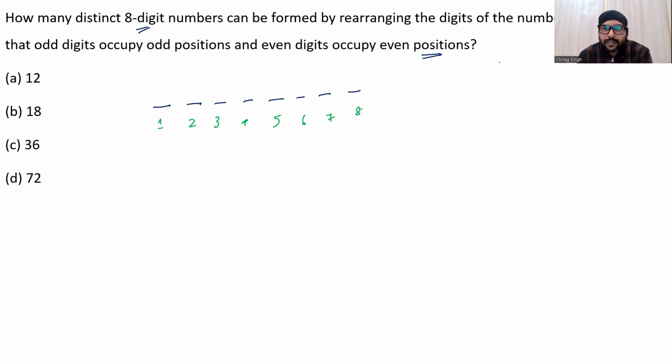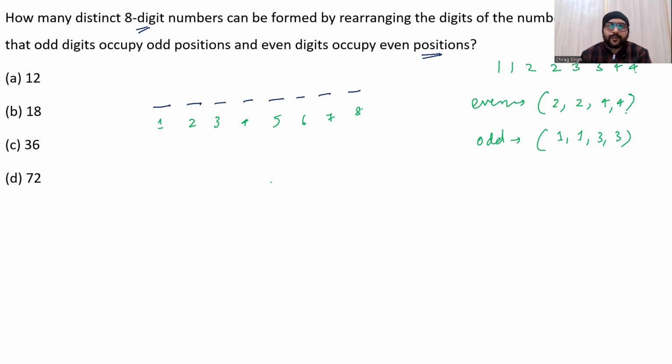The number I have is 1, 1, 2, 2, 3, 3, 4, 4. Even digits are 2, 2, 4, 4. Odd digits are 1, 1, 3, 3. Now, how many odd positions do I have?